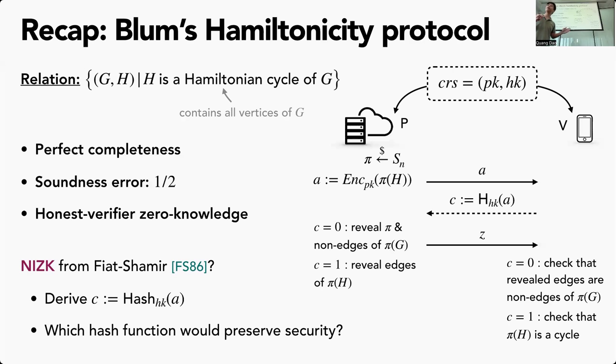The intuition is that if the hash is sufficiently close to a random function, then C is sufficiently random to P, and so we should get the security of the interactive version. But actually trying to prove this intuition is a little difficult. In this case, the first message is sort of input independent, so we don't quite need that.